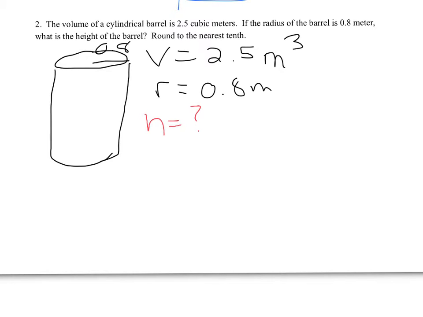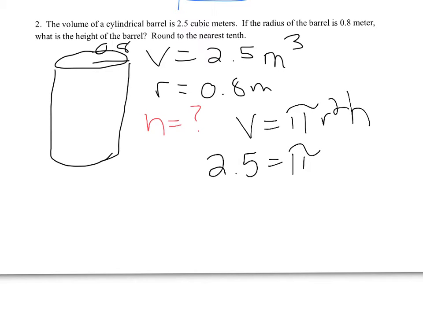So first thing I do is put down my formula. V equals pi r squared times the height, and then it's just a matter of formula, substitute and solve. I'm just going to substitute my volume. It's 2.5. My pi I bring down. The radius is 0.8, and I'm going to square that, and what I'm looking for is the height.